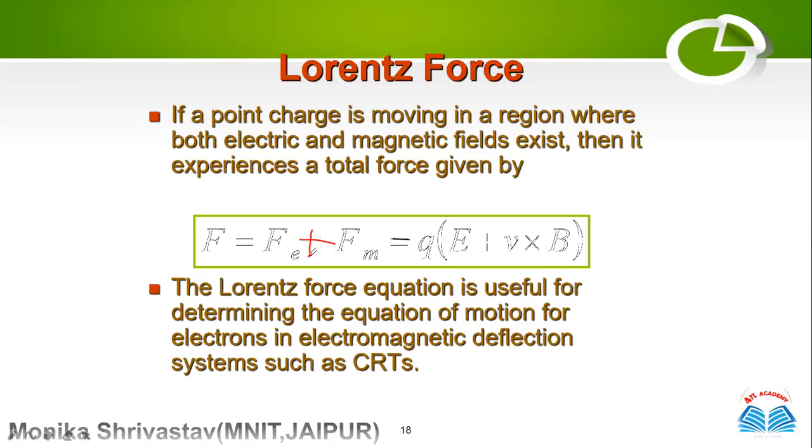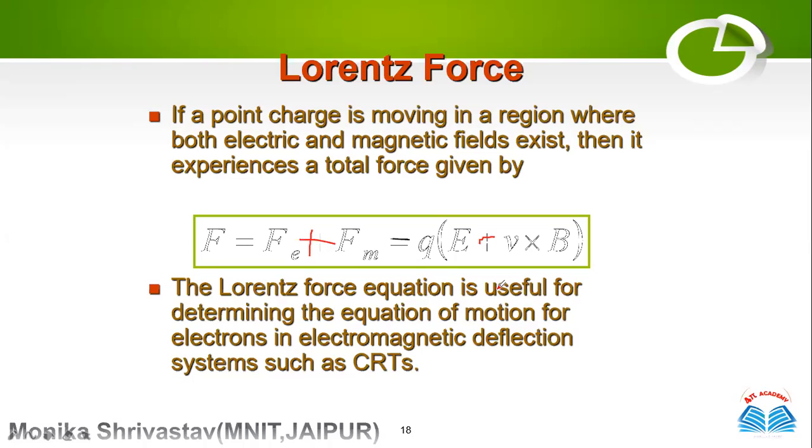Fe, we have studied in electrostatics, was QE, charge into electric field. Fm is Q into V cross B, the velocity of that charge cross the magnetic flux density.